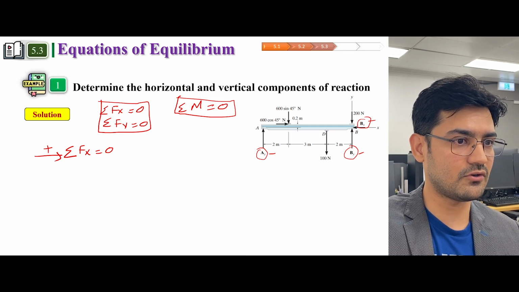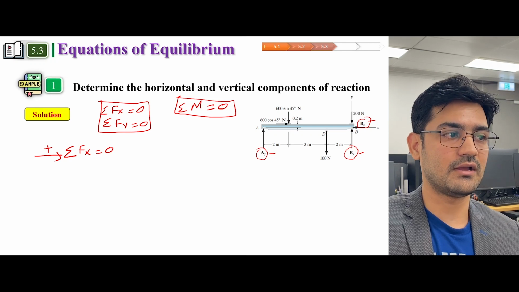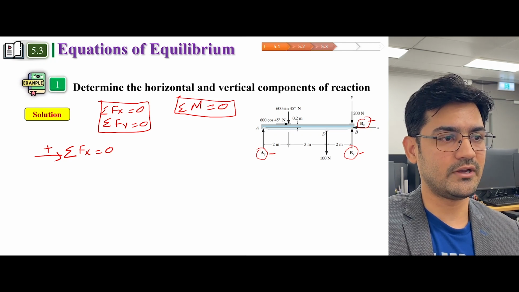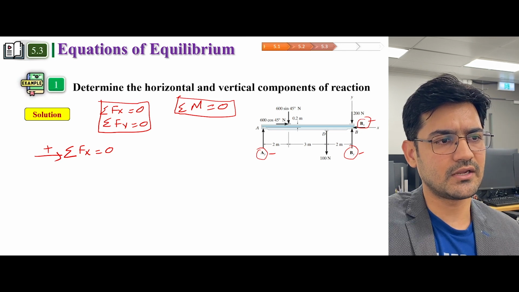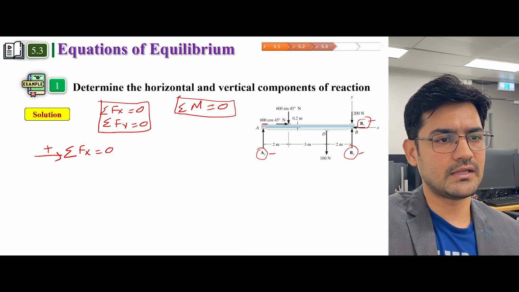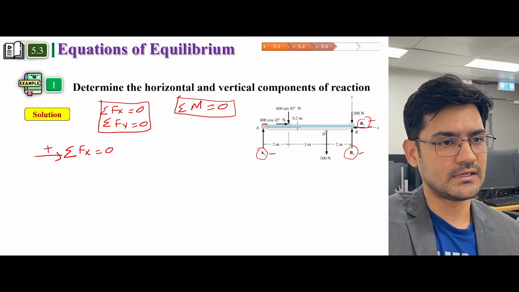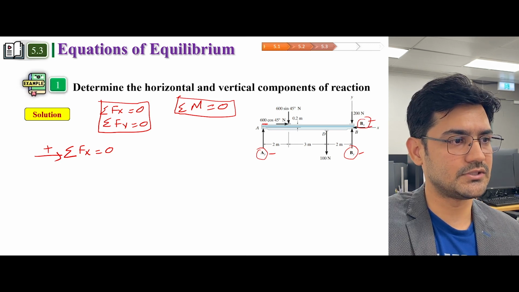So if I do summation of all the forces along x-axis is 0, then how many forces are acting on x-axis? You have this force which is acting on x-axis, and then you have b of x, and I think that's pretty much it.